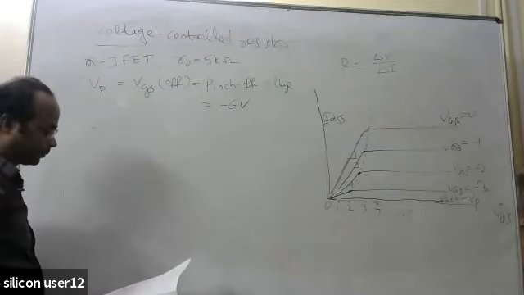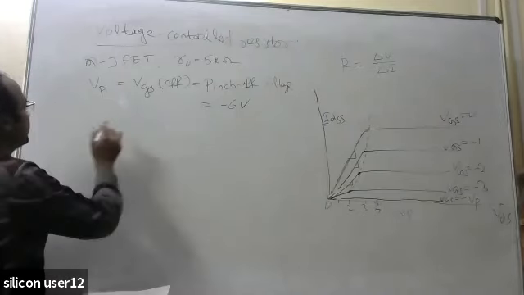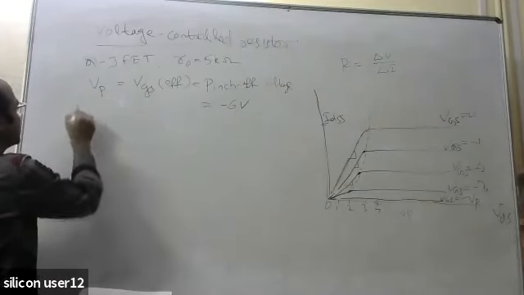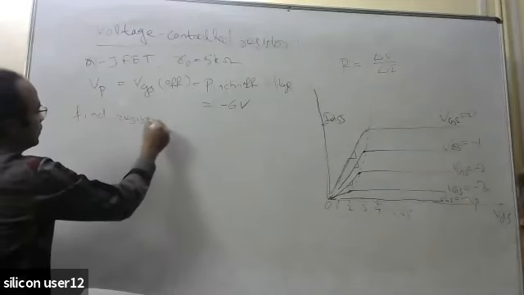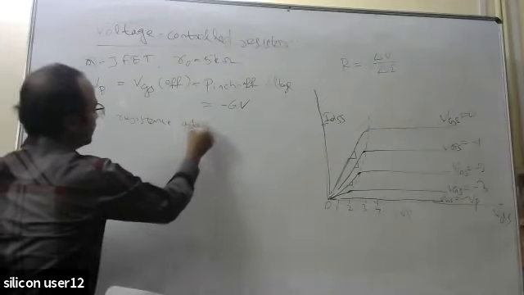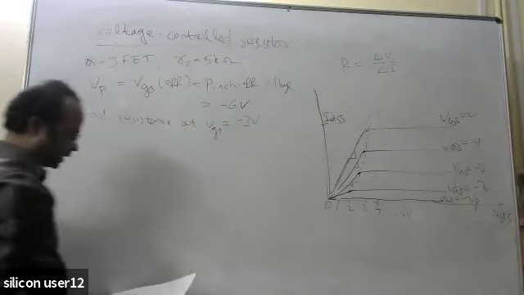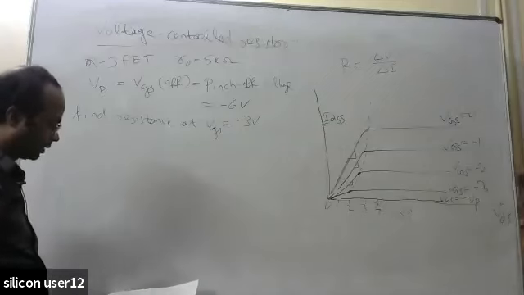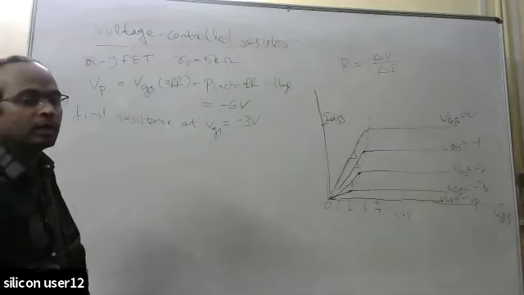Find RD, the resistance at VGS equal to minus 3 volt. Just put the formula and calculate it. Tell me.